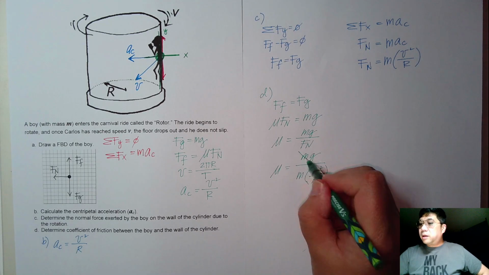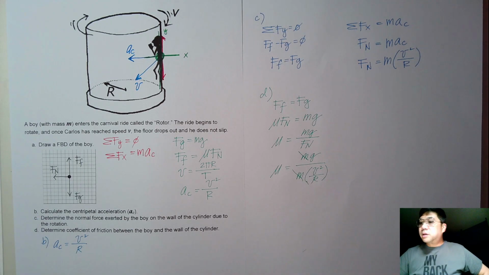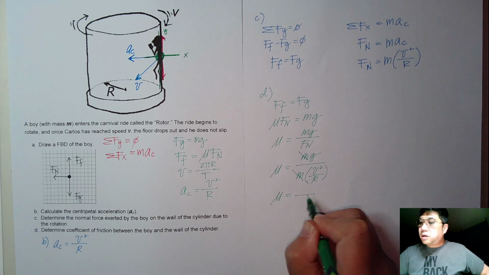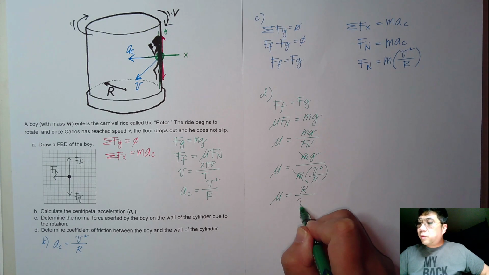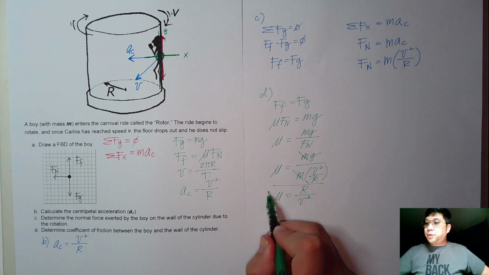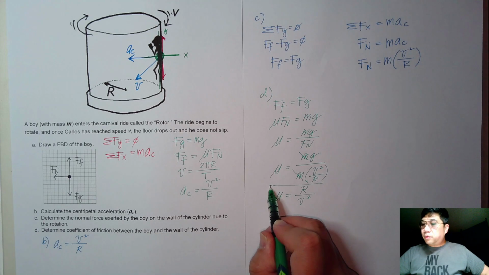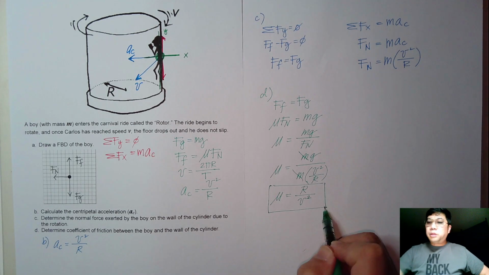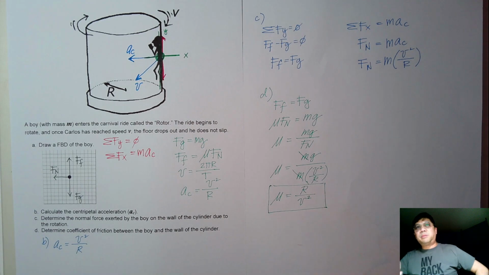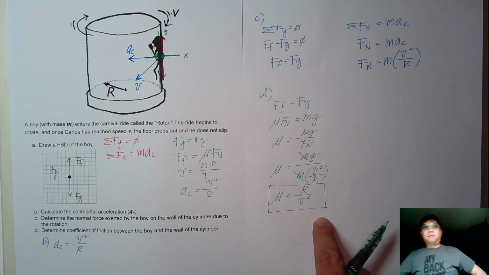So my masses cancel. So now I have this as my answer, which is gr divided by the square of the velocity. So in case you are being asked to solve for the coefficient of friction between the wall, it should be gr divided by the square of the velocity.